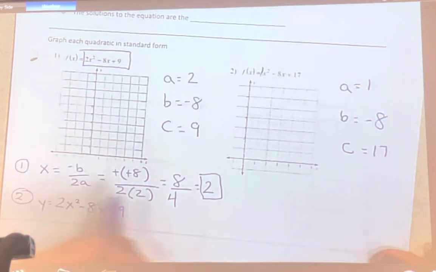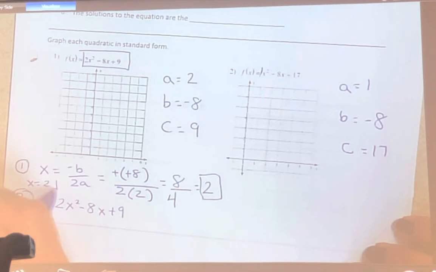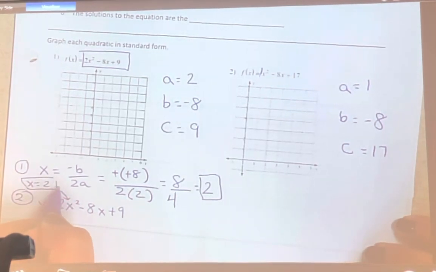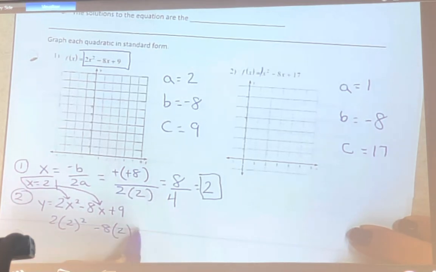And I'm going to plug in, I found that x equals 2, right? So now we can take that 2 and plug it in for x, substitute. So instead of 2 times x squared, I get what? 2 times parentheses 2 squared minus 8 times 2 plus 9.